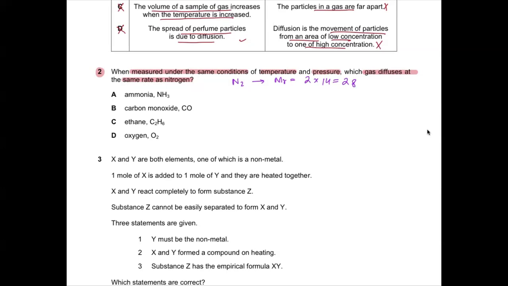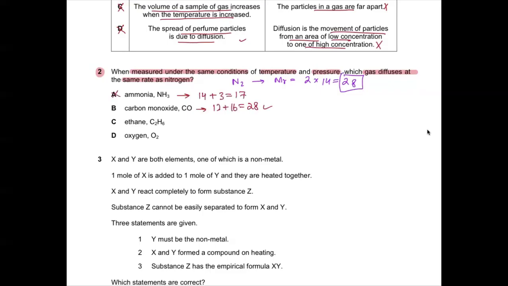So the gas having the same Mr as 28 is going to show the same rate of diffusion. Ammonia: nitrogen is 14 and there are three hydrogens, which makes it 17. Carbon monoxide: carbon is 12, oxygen is 16, so 28.